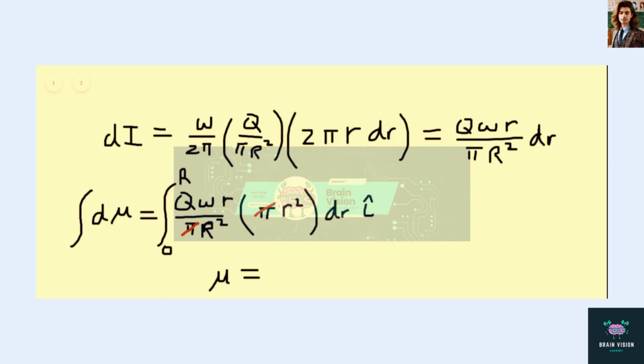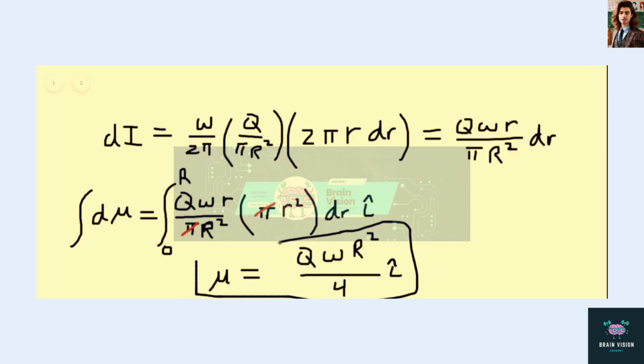But q, omega, and big R squared are all constants, so they can be pulled out. So this is a very simple, easy integral. This just ends up being q times omega times big R squared, because we're integrating from 0 to big R, divided by 4. And this is all going in the i hat direction. So we can box that in as our solution for part A.